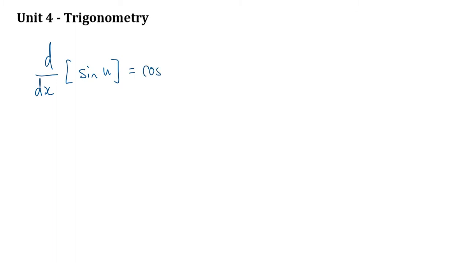These are the two most important ones. So this is cos u times u prime. That's the tricky part, is the u prime part. And d by dx of cos of u is negative sine u times u prime, times the derivative of what's inside of the angle, right?